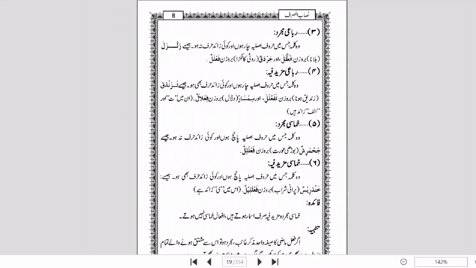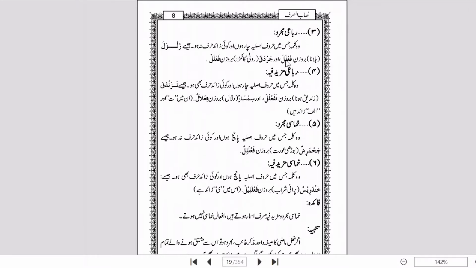Next is Rubaai Mujarrad. Rubaai Mujarrad is a word which has 4 huruf asliya and no extra letters, like Zalzala, to shake, on the scale Fa'lala. Remember we mentioned before that there can be 1 lam, 2 lam or 3 lam.